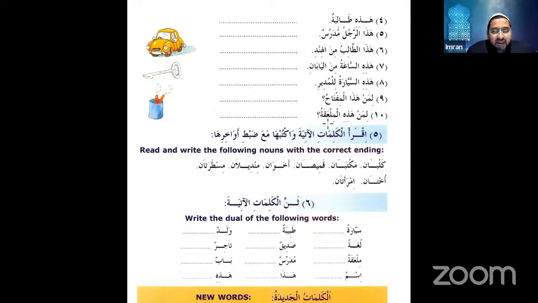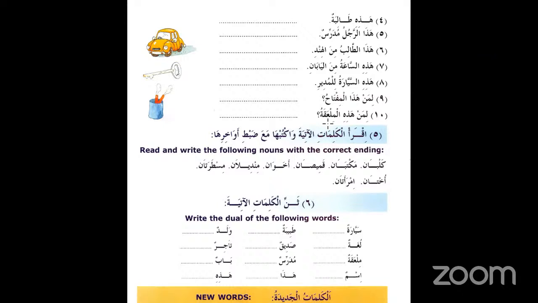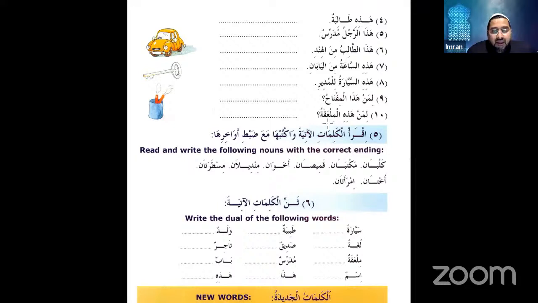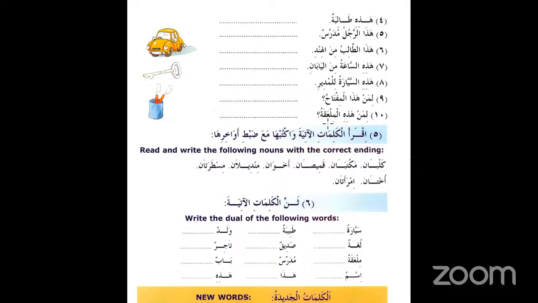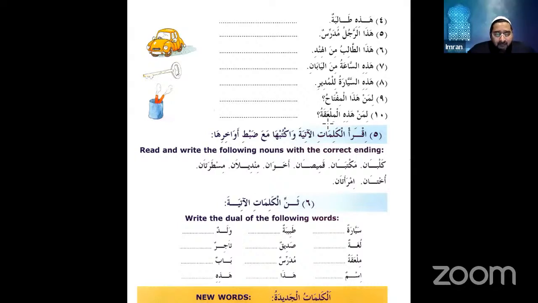Sister Afridi, can you do the next exercise? Assalamu alaikum. Read and write the following nouns with the correct ending and translate. Kalbani means 2 dogs. Maktabani, 2 desks. Khamisani, 2 shirts.